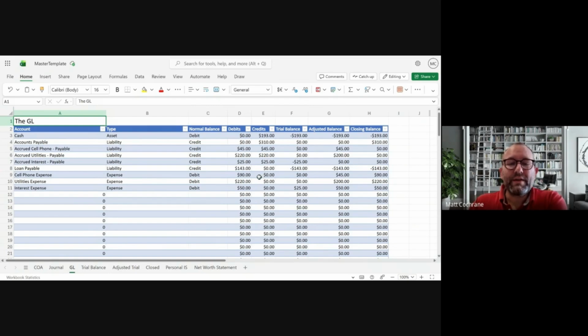The cell phone expense, $90 gets recorded there. And the utilities expense, you've got 220 there. And the interest expense is 50 there. Okay, so that is the impact on the GL. Everything should just flow over correctly.